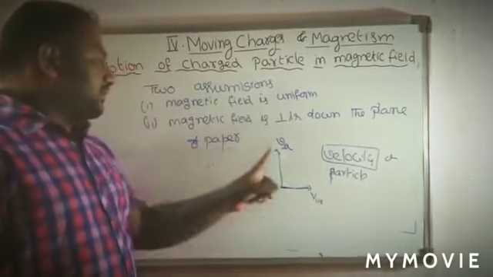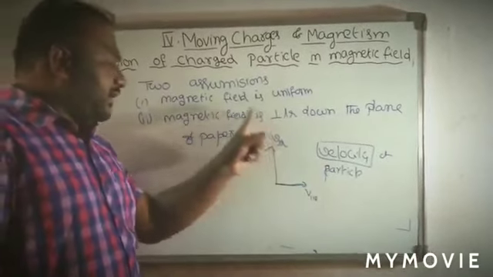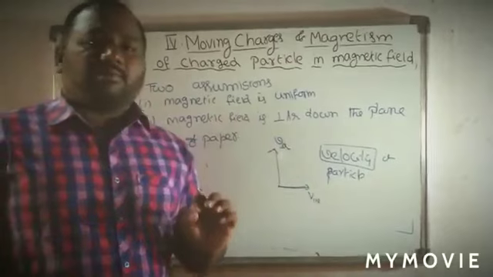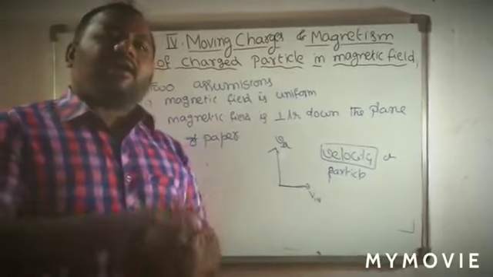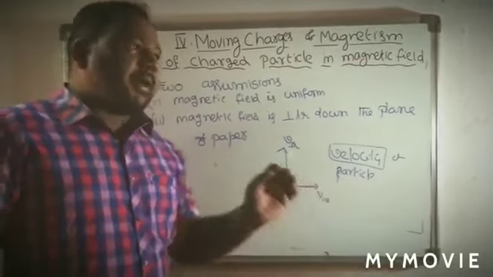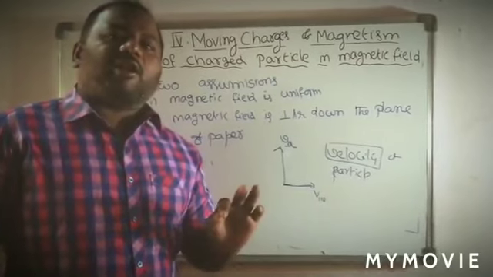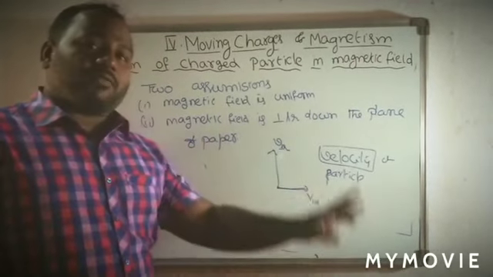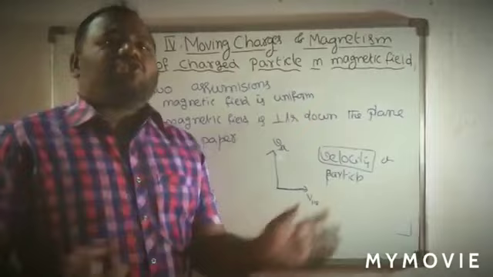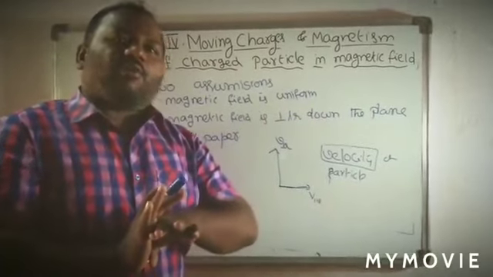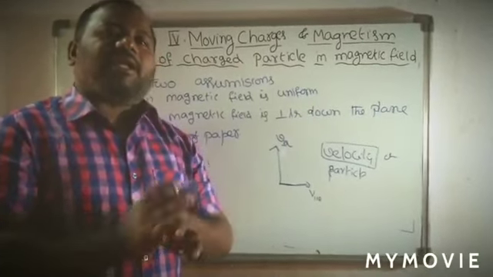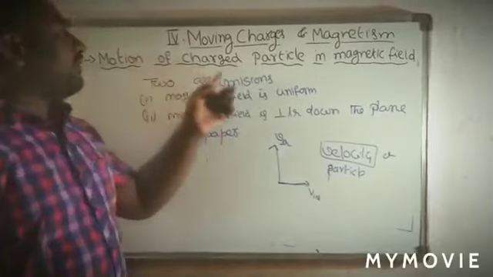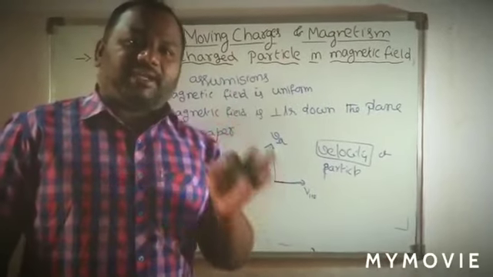What type of motion do we obtain from each component, and when the two components are combined, what type of motion do we obtain? That is the motion of the charged particle in a magnetic field.